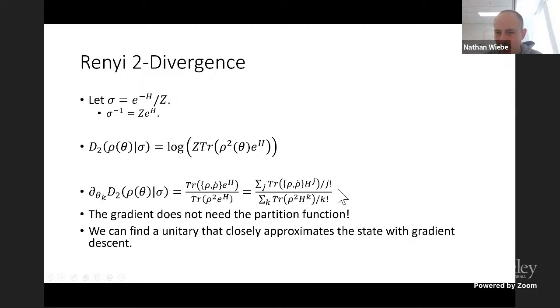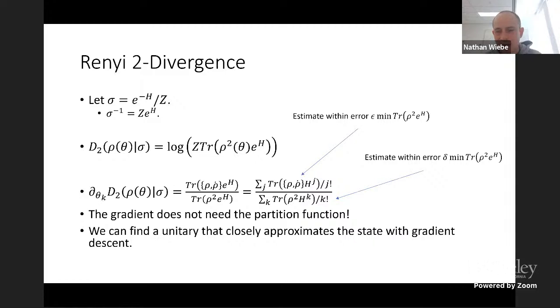We then truncate the Taylor series in the numerator and denominator, and the entire problem boils down to computing expectation values of different powers of the Hamiltonian multiplied by at least 2 density matrices. In order to estimate this, we need to estimate both the numerator and denominator with sufficient error to make sure that the error propagates to epsilon over the entire result. We do that essentially just by either using sampling or, because I'm nerdy like this, amplitude estimation.